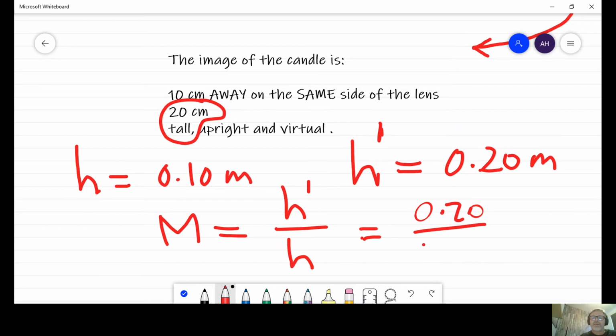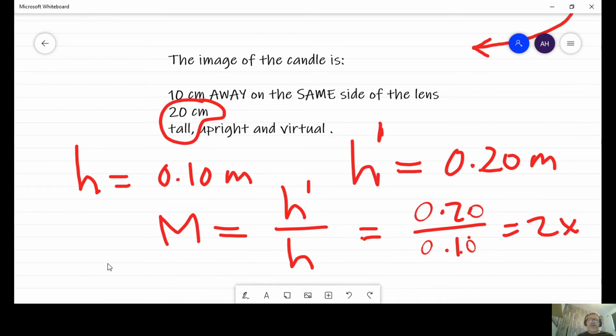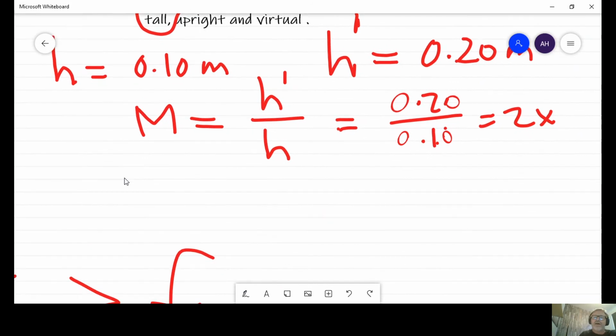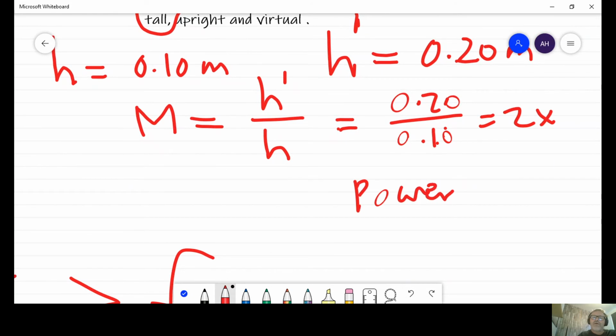You probably saw this long before we wrote it down. 0.2 divided by 0.1 equals 2 times. So that's the magnification, or a nice little optometrist would say that this lens has a power of 2 diopters. That's the language he would use.